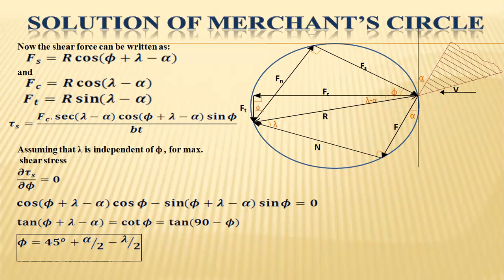Upon substitution of the force formulations, we obtain the angle phi equal to 45 degrees plus alpha by 2 minus lambda by 2. Here alpha relates to the cutting angle, and lambda is the frictional angle.